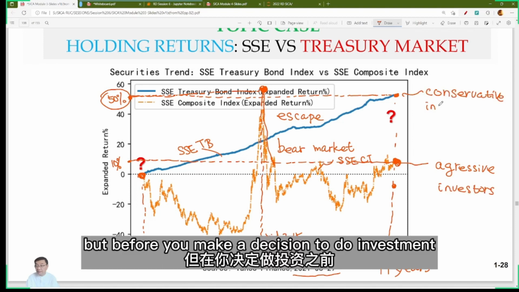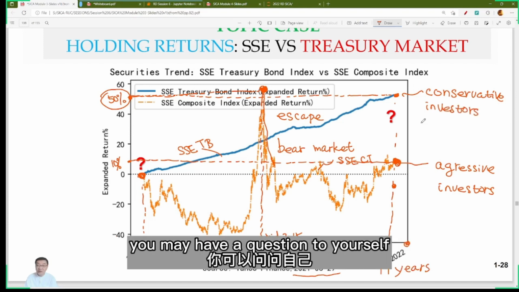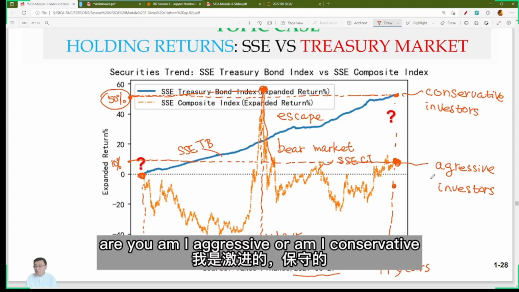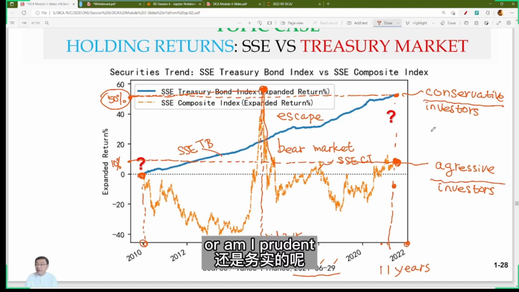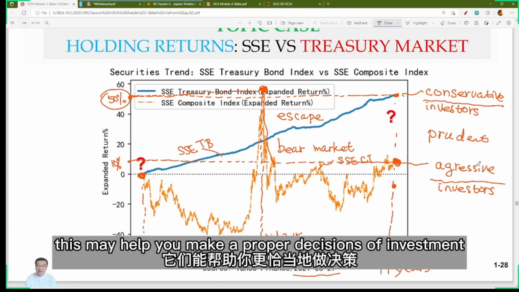So before you make a decision to invest, let's have a quick review of our own risk preferences. You may ask yourself: am I aggressive, am I conservative, or am I prudent? If you have a clear idea on these questions, this may help you make appropriate investment decisions, right?